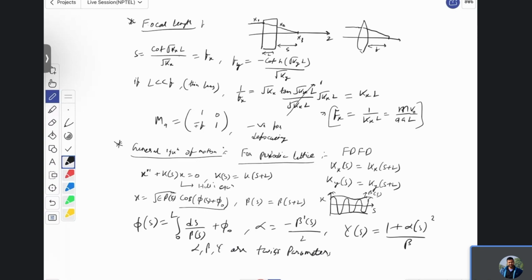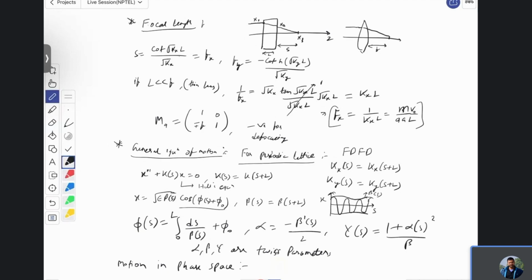If you solve Hill's equation, you can get the motion in phase space. Again, these things are discussed in detail in the lectures. I'm just writing out the relevant things.